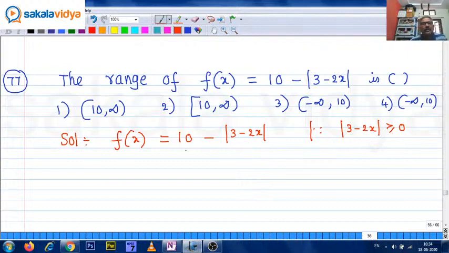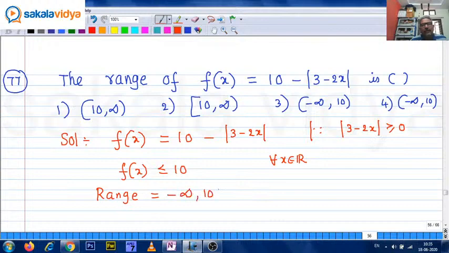So for every x belonging to R, because R is the domain of this function, f of x will always be less than or equal to 10. That means the range equals minus infinity to 10, open.